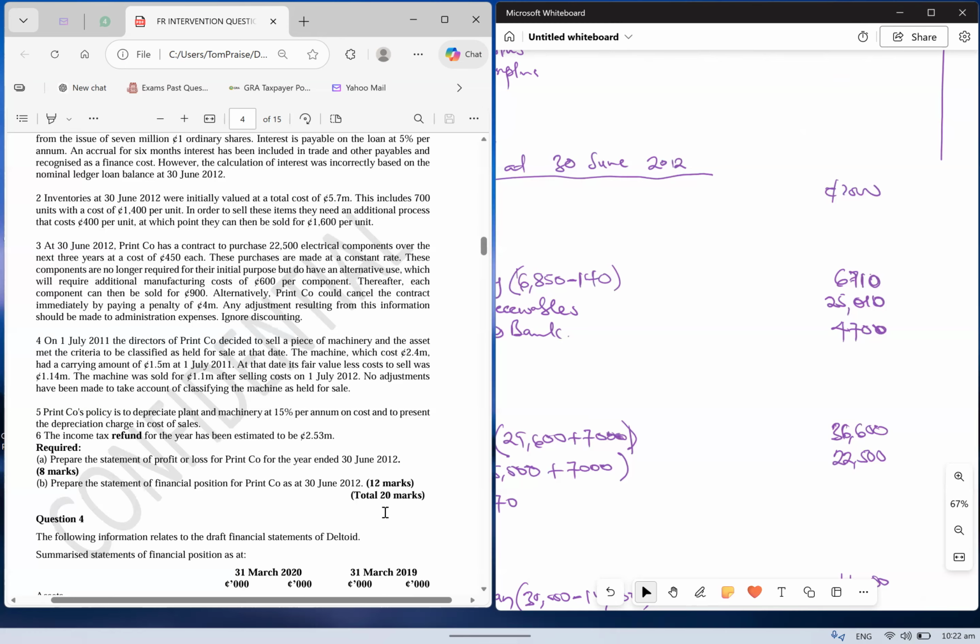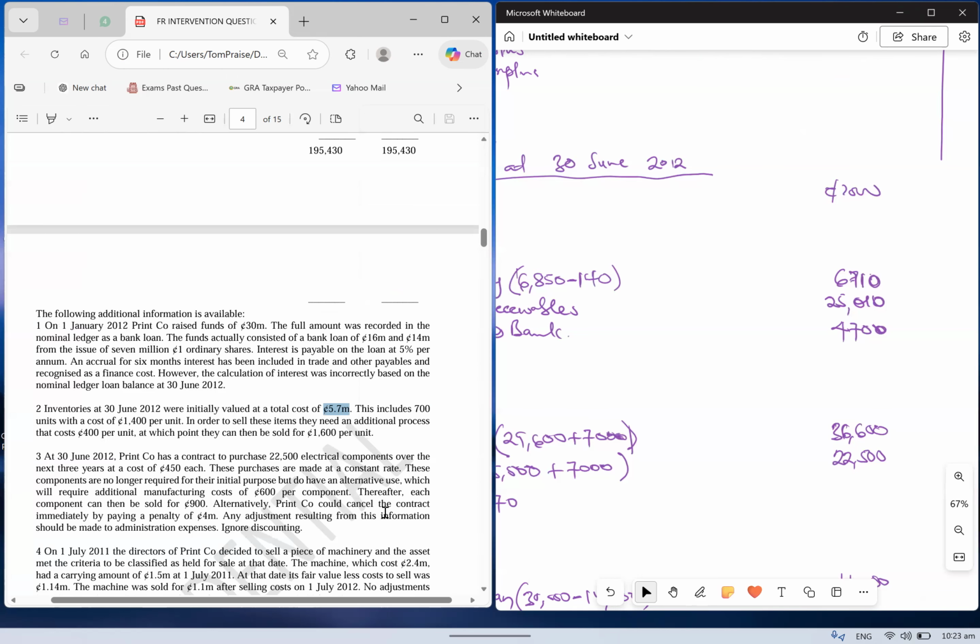Hold on. What did we do? Did we touch this value? Inventories at the end. Inventories at the end had the cost of this. Then which one was that? Hold on, let me see something.